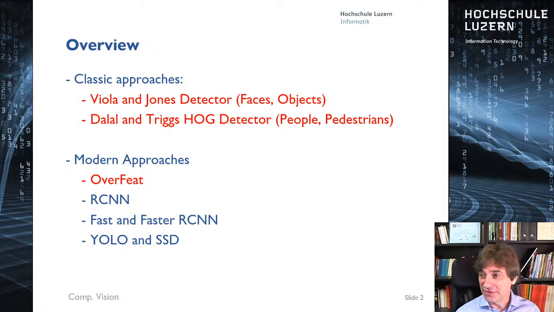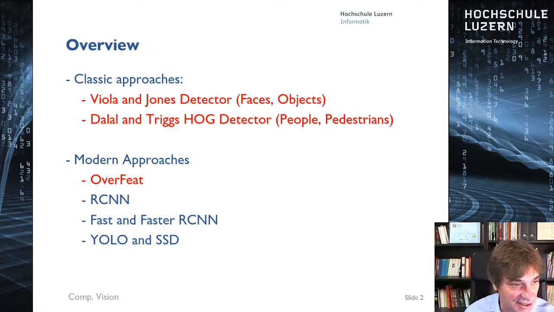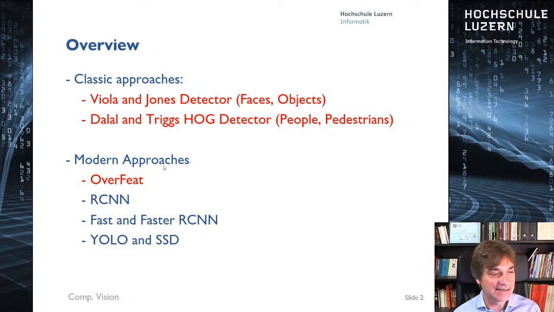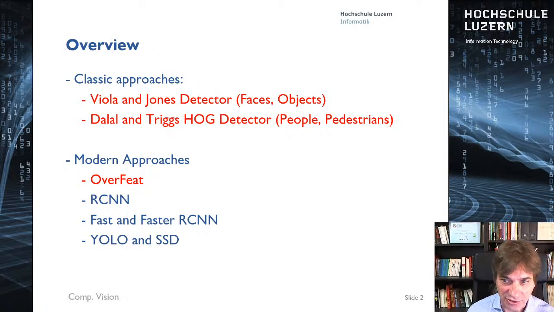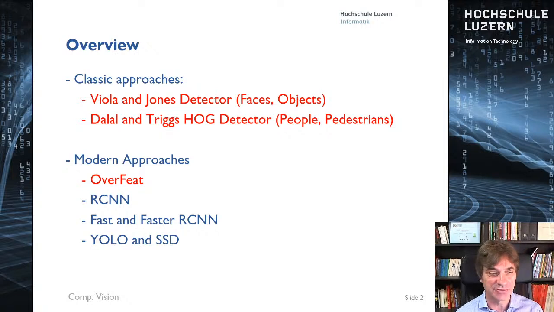Last week we looked at those three detectors, the Viola Jones detector, the HOG detector, and later the OverFeat detector. They all used an approach to first find features in the image and then some form of classifier to classify those features into the objects that we wanted, for example faces and non-faces, or people and non-people.